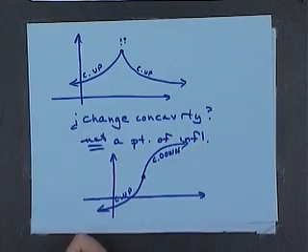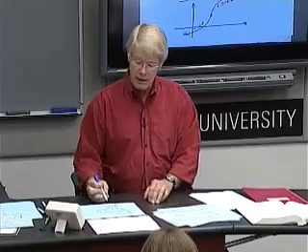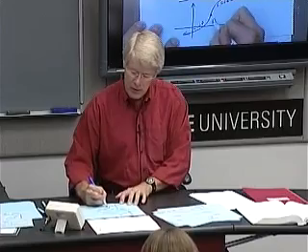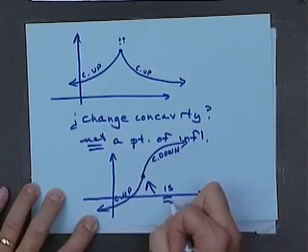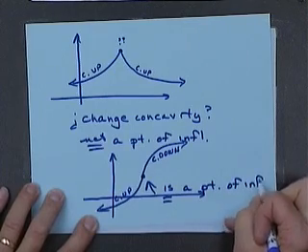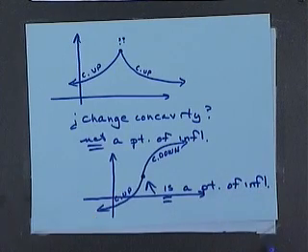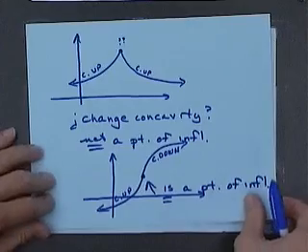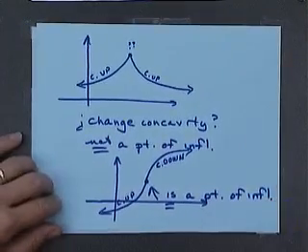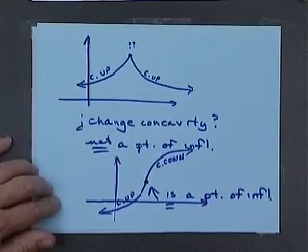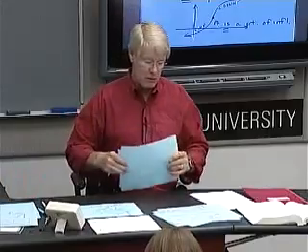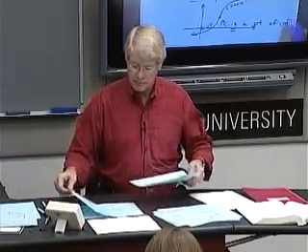It actually is a point of inflection. It did change concavity at that point. So we'll list them initially as possible points of inflection, and then as we continue with the problem and determine concavity, we'll see if in fact it is.